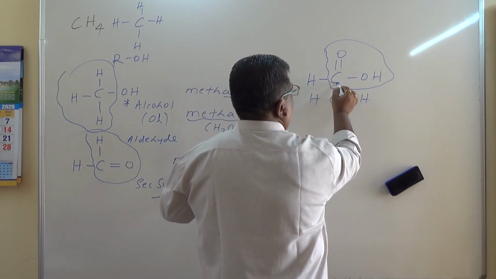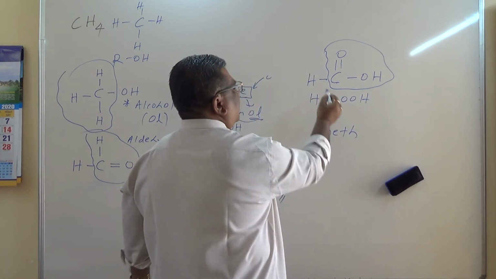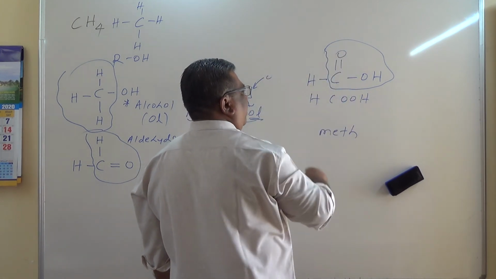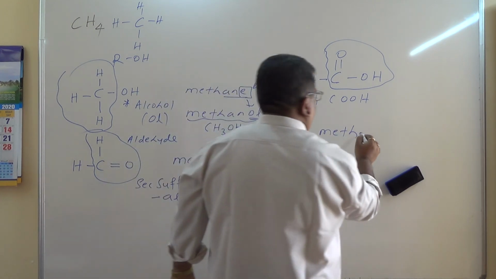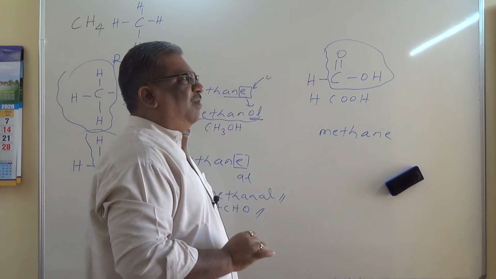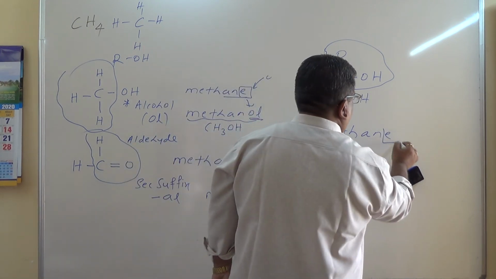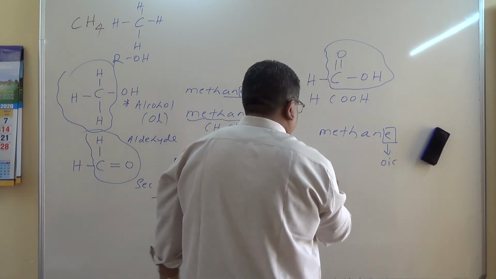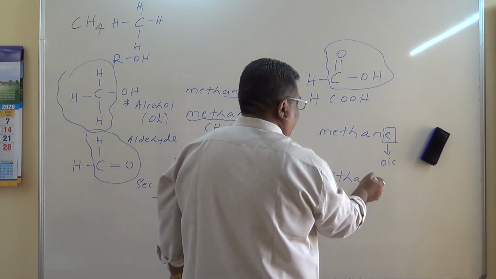How many carbon atoms? 1. Meth. Root word meth. Single bond everywhere here. See, this double bond we cannot consider for oxygen over here. But if 1 C is there, it is a methane only. So ane. But it is carboxylic acid group. What is the secondary suffix? OIC. How do you change? This E should be changed with OIC, and therefore this becomes methan.